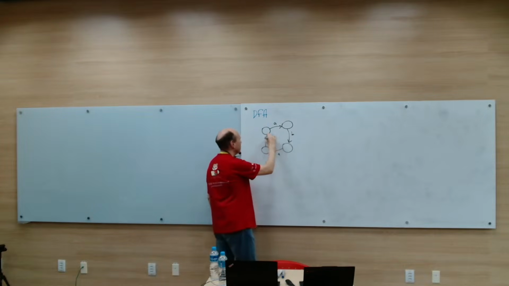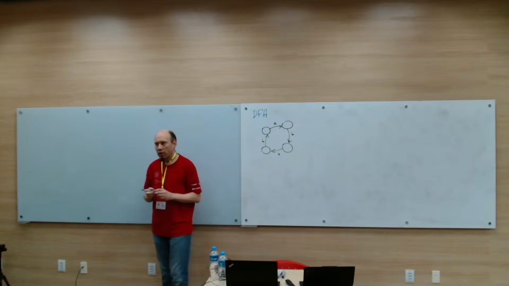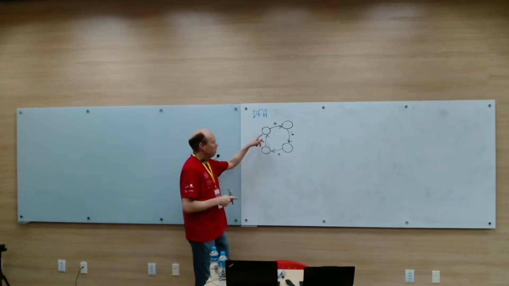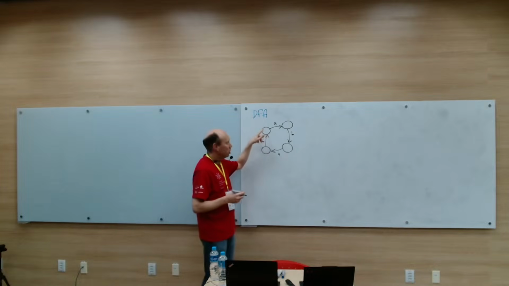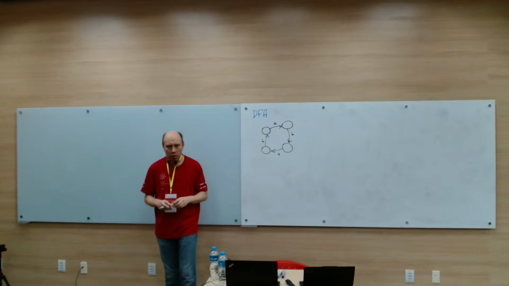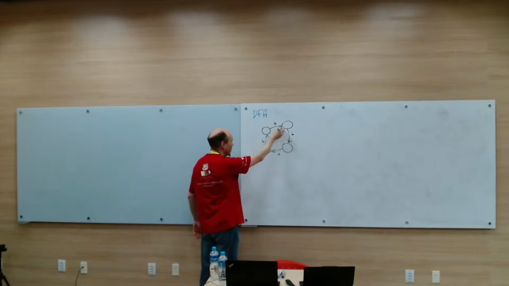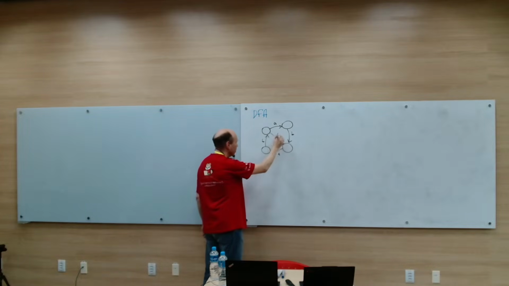There is also an additional constraint: from each state there should be a transition by each character. Here we can guess that there are two characters in all, A and B. On this state I have the transition on A, so we should also put a transition on B, for example.